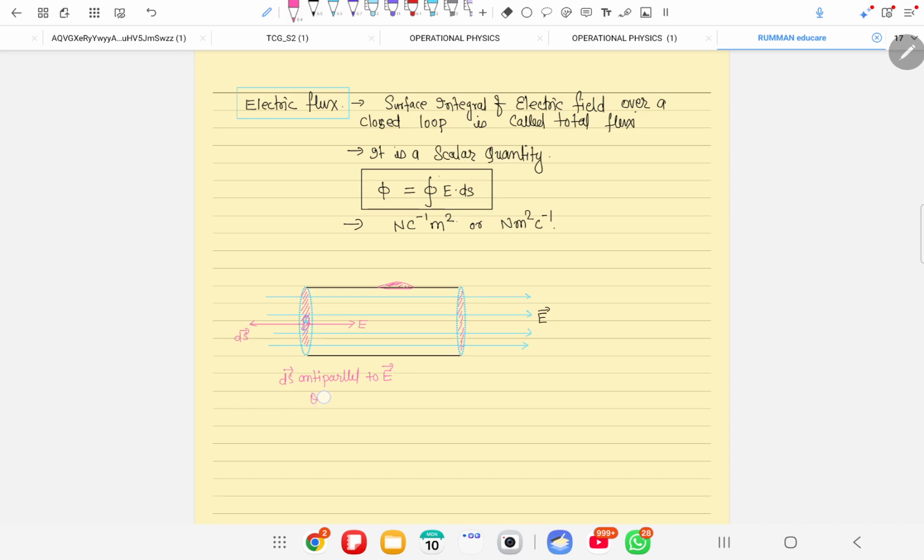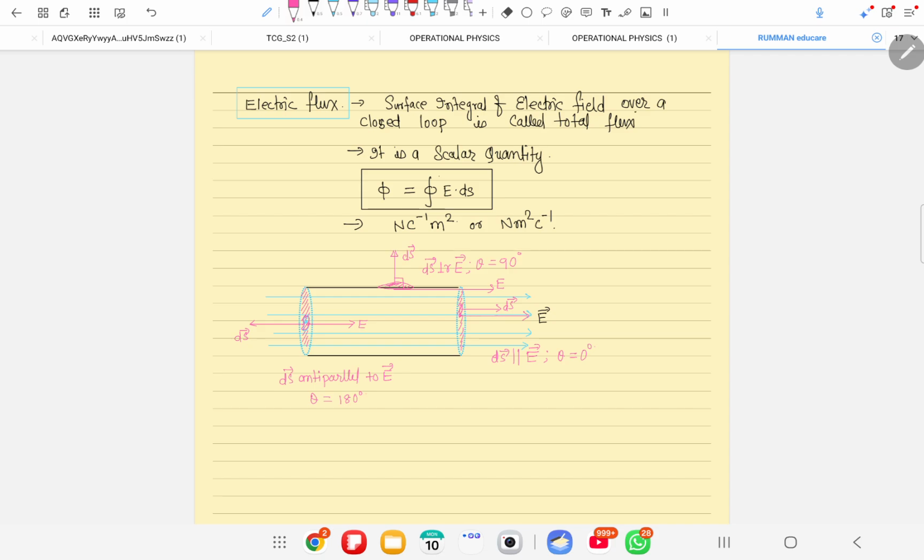That's why theta is equal to 180 degrees. Now on the right side, the area vector ds is in this direction, and the electric field lines are toward it, so ds vector is parallel to E vector and theta is 0 degrees. Again on the curved surface, the area vector ds is perpendicular to E vector, so theta is 90 degrees.